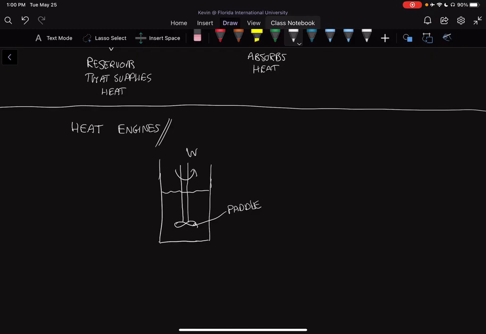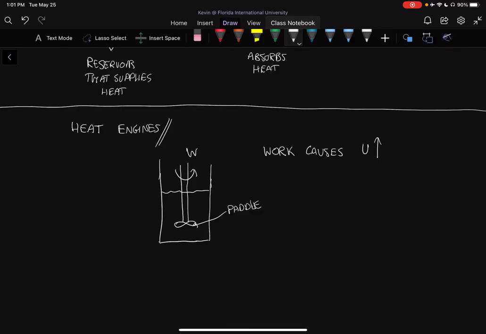Okay, so we apply some work to the paddle, and what happens when we apply work to the paddle? Well, if we start paddling in the water, for example, or in the fluid, we can say that work causes our internal energy to increase, or essentially causes our temperature to increase. What happens when temperature increases?